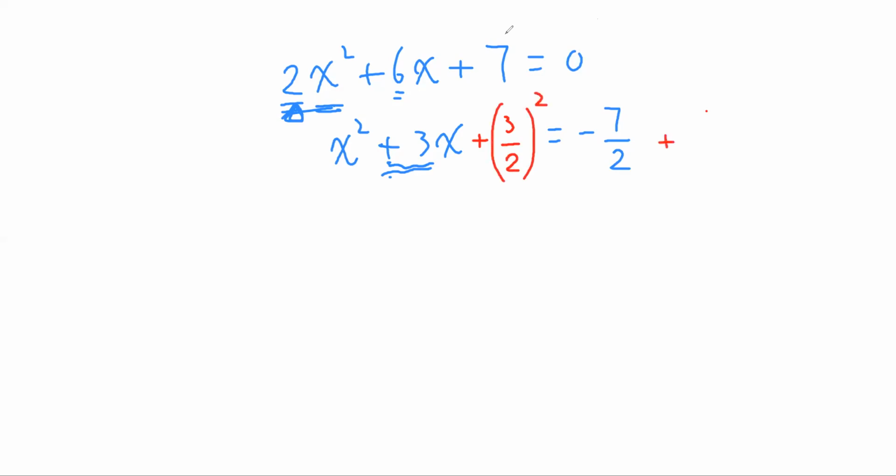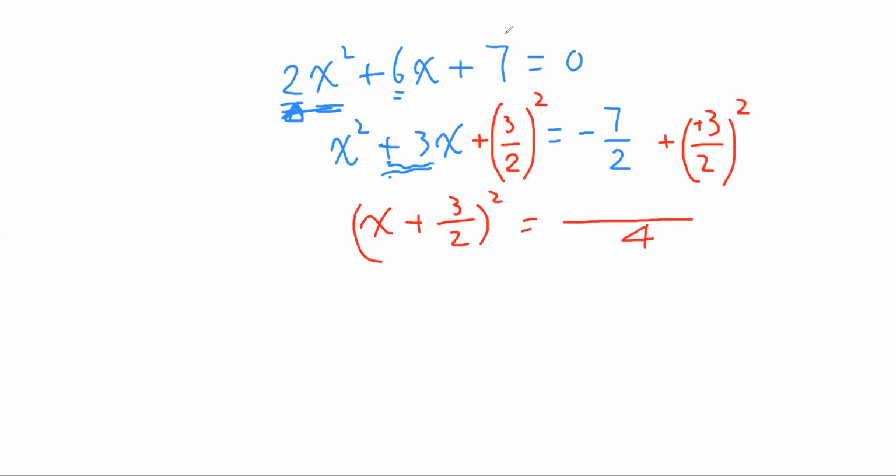The same for the right part. Half of it, squared, plus 7 over 2 here, right? So you can get x plus 3 over 2 squared, which became what? Here is 4, right? -14 plus 9, right? You got it?